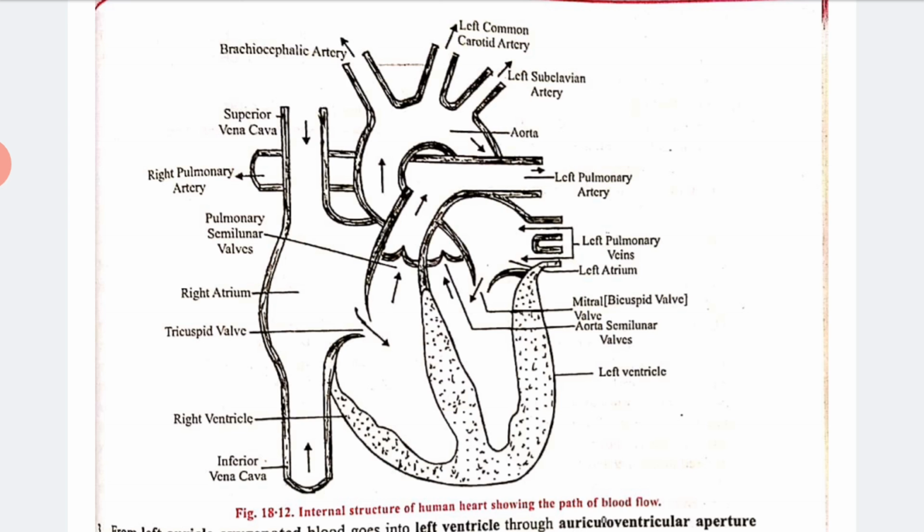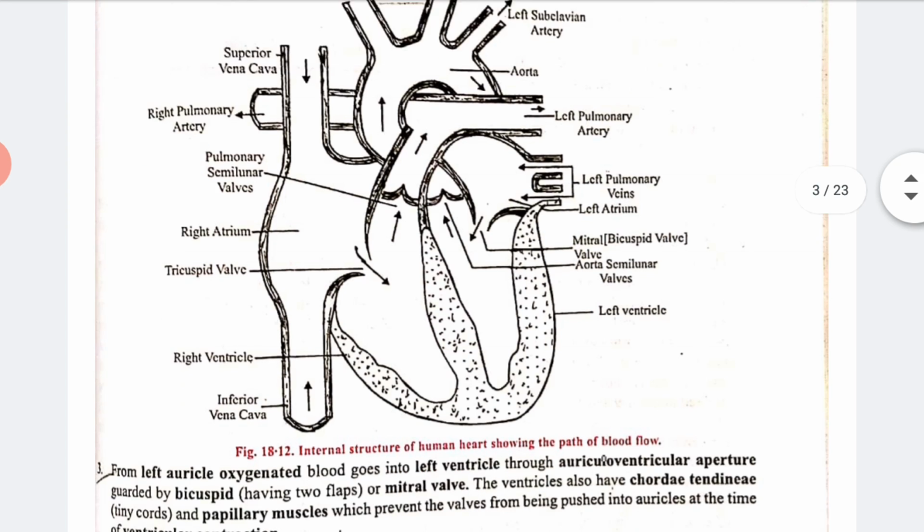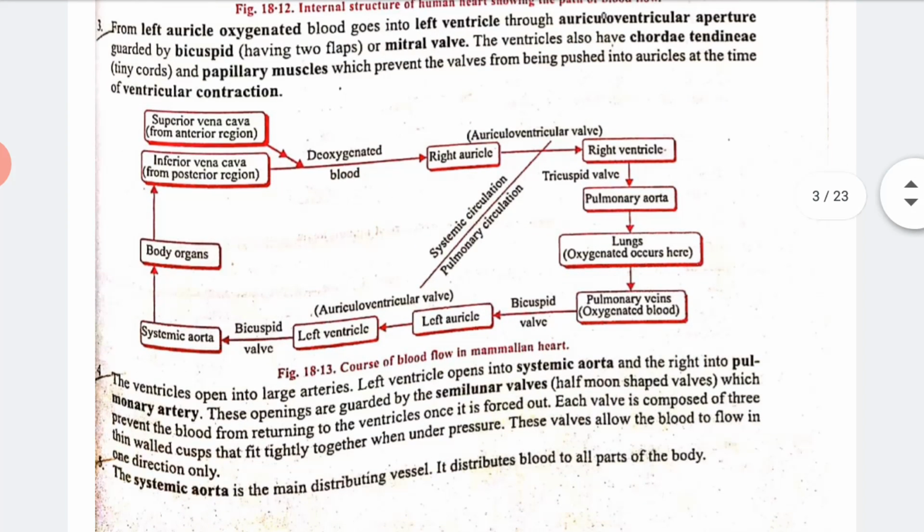The ventricles also have chordae tendineae, the tiny cords, and papillary muscles which prevent the valve from being pushed into the auricle at the time of ventricular contraction. Clear? This has also been explained by this figure.